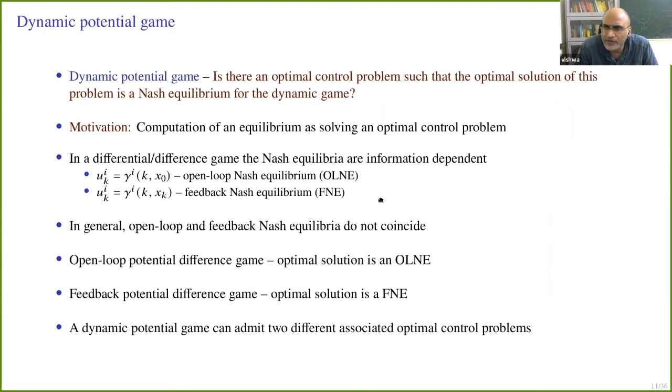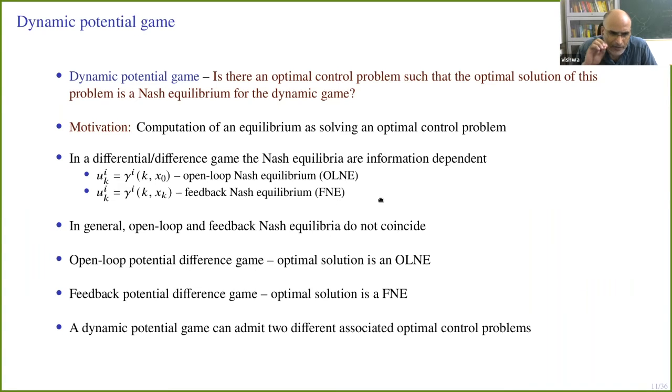So when we talk about a potential game in a dynamic game context, it doesn't make sense unless we emphasize the information structure. So an open loop potential dynamic game, here a differential game or difference game, means that there must be an optimal control problem. Solution of that optimal control problem provides an open loop Nash equilibrium.